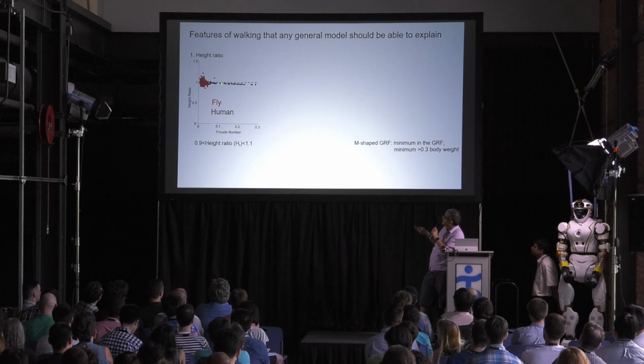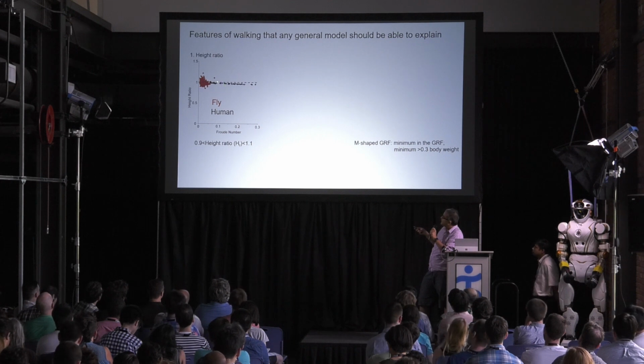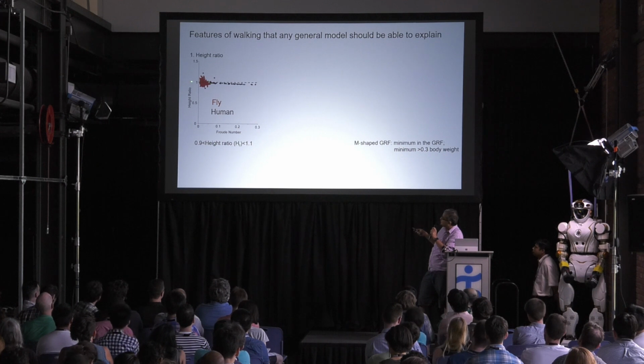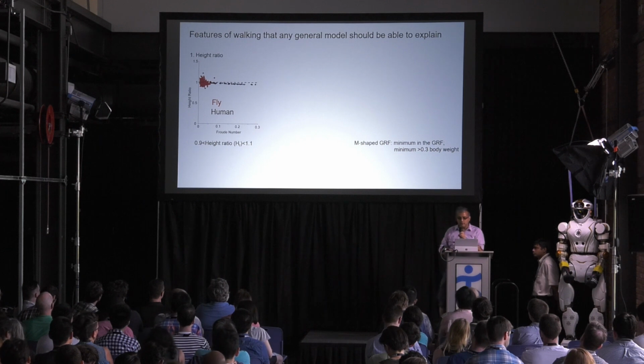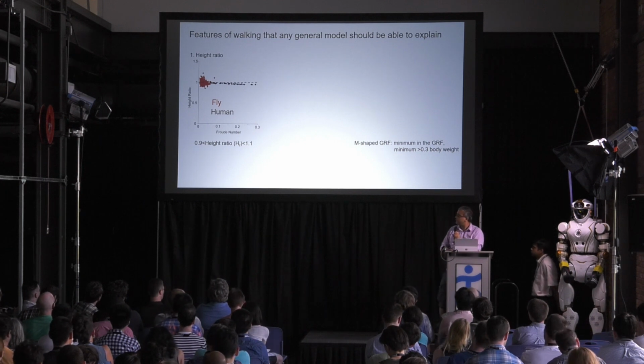So the first feature we use is what we call the height ratio. That is, how much height does the animal change during a step. You can see that for human, it is in a very tight bound, and so it is also for fly. And we think that any model should satisfy a height ratio between 0.9 to 1.1, or 10% on each side of the normal uncompressed height.